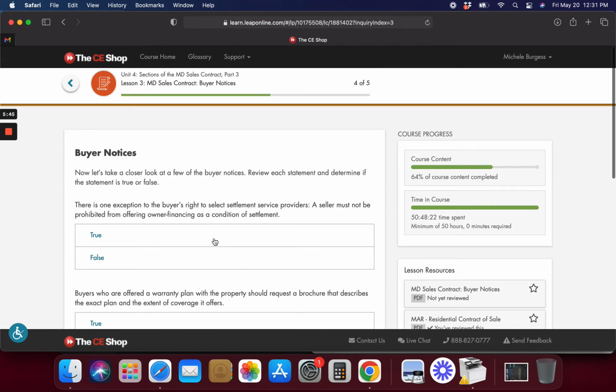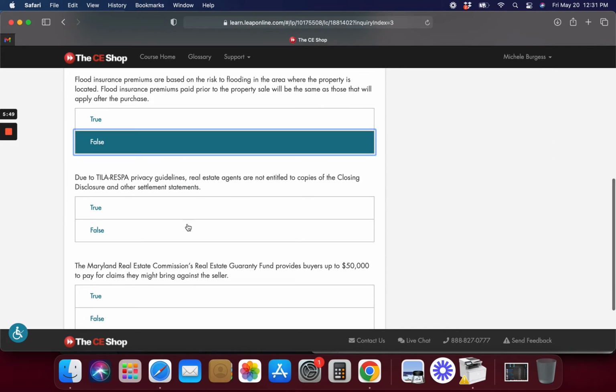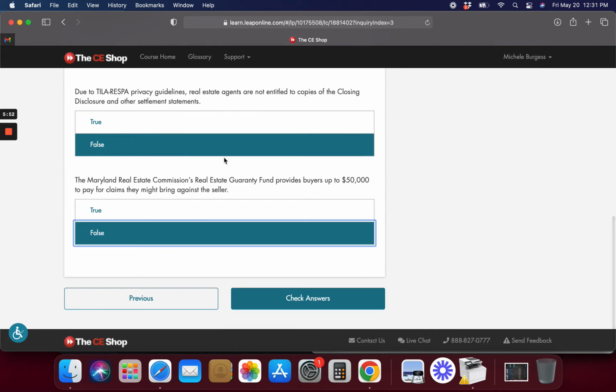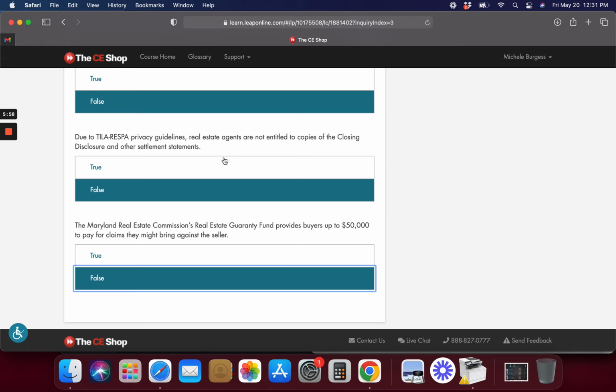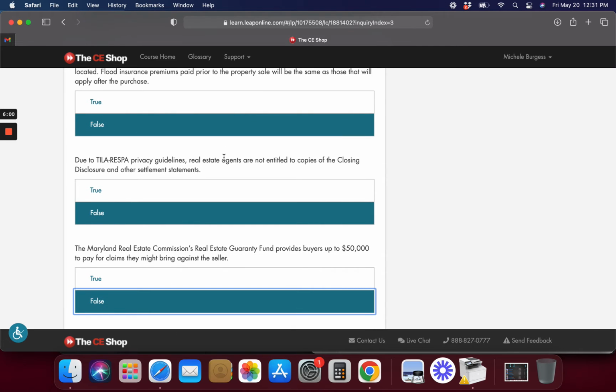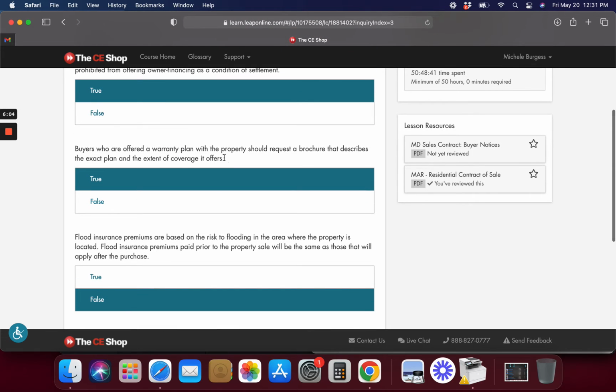All right, let's try again. Okay, this is true, this is true, this is false, false, and false. Okay, the Maryland Commission does not provide $50,000, and real estate agents are not entitled to copies of the closing disclosure and other settlement statements. Okay, flood insurance premiums are based on the risk. No, they are not, which I didn't know that.